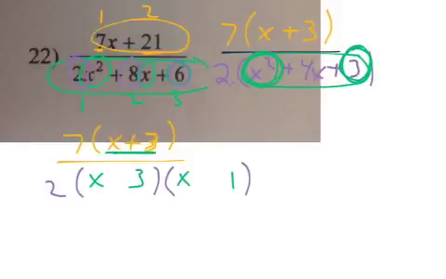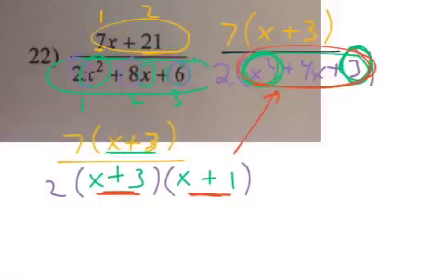Now look right above, guys. See that x plus 3? Ideally, I want to match it up, right? So if I do a plus 3 and a plus 1, does everybody agree that x plus 3 times x plus 1 is x squared plus 4x plus 3? And it is.